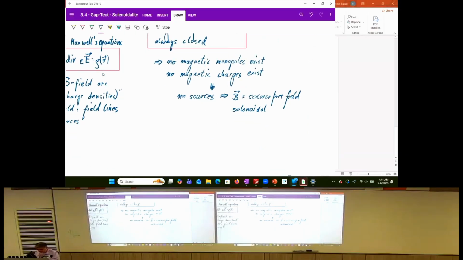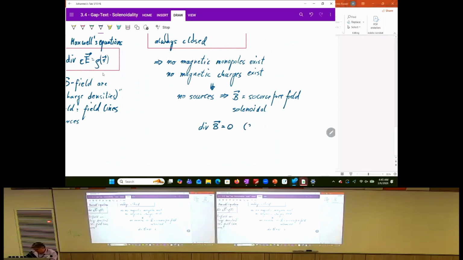Because in the electrostatic case we had Gauss's law, and we said that if you take the divergence of the flux density, it gives you the local sources. Now we have here in the magnetostatic scenario the flux density B, the magnetic flux. And if you take here the divergence of B, then that is 0.